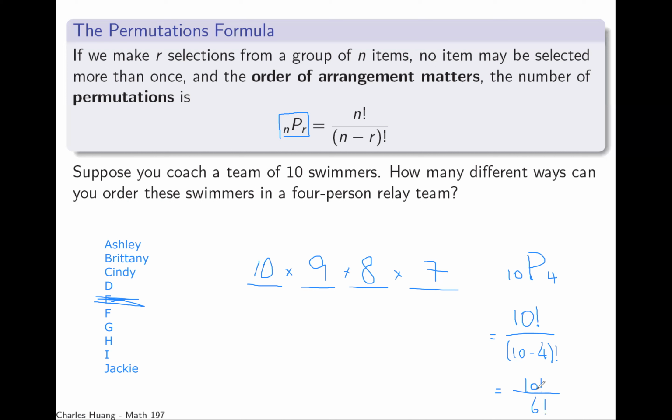What this tells us is that in the numerator, we have 10 times 9 times 8 times 7 all the way down to 1. And in the denominator, I have 6 times 5 times 4 times 3 all the way down to 1. And we can factor out the 6, 5, 4, 3, 2, 1. And that's how we ended up with the number that we want.